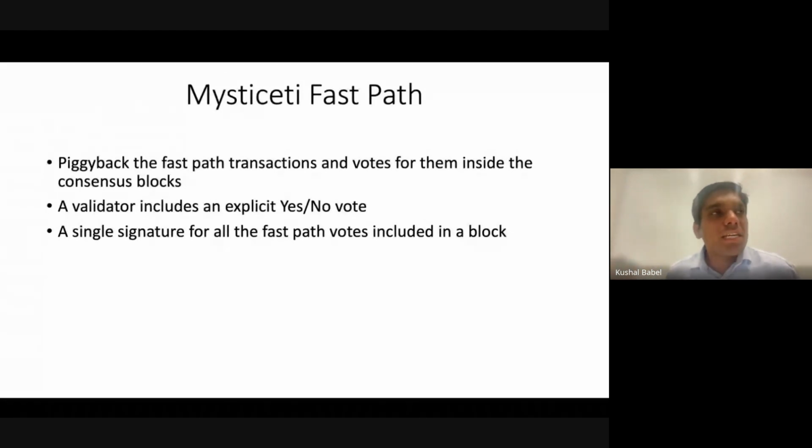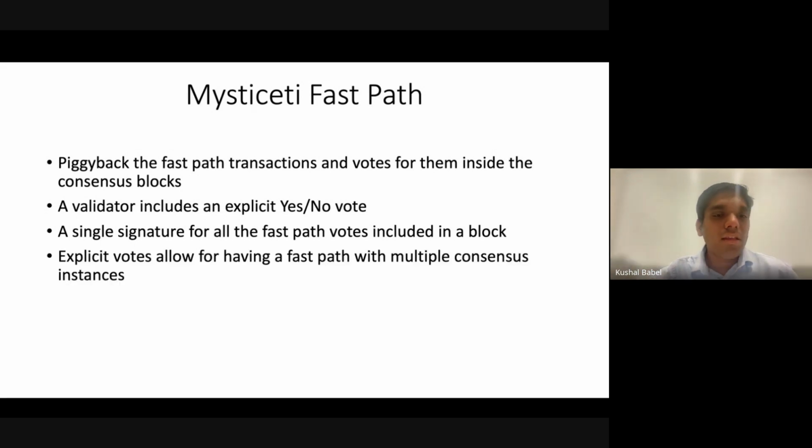That's because in production, at least, we observed that the bottleneck was actually at the CPU. There was too much signature generation, verification, and so on happening. So once you alleviate the signature generation and verification load, you actually alleviate the compute bottleneck. So the fast path is just piggybacked on the consensus path.